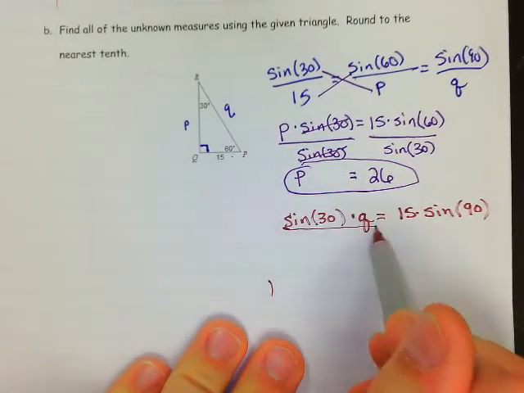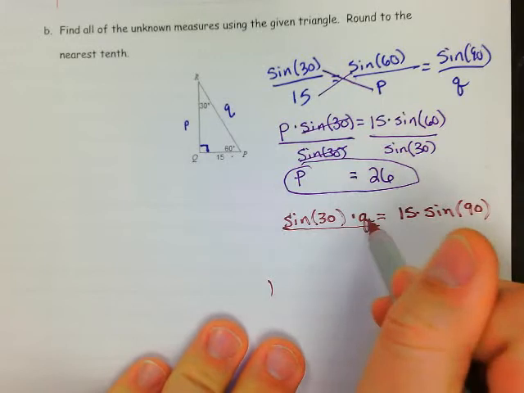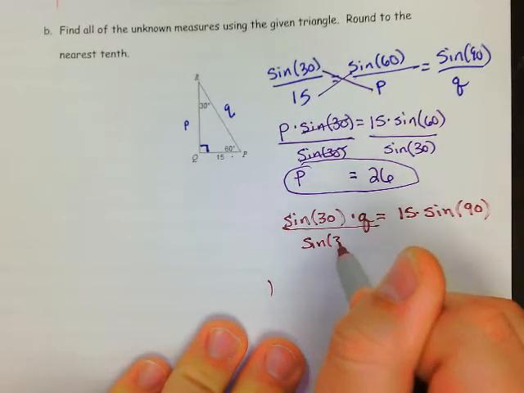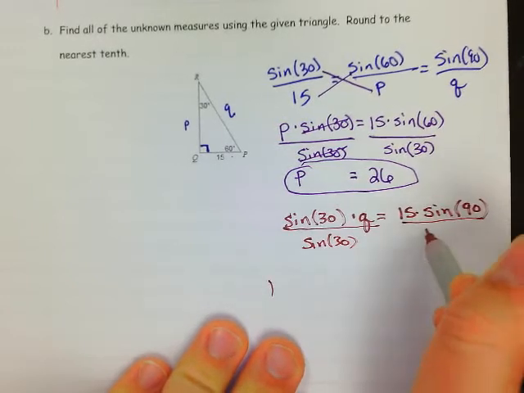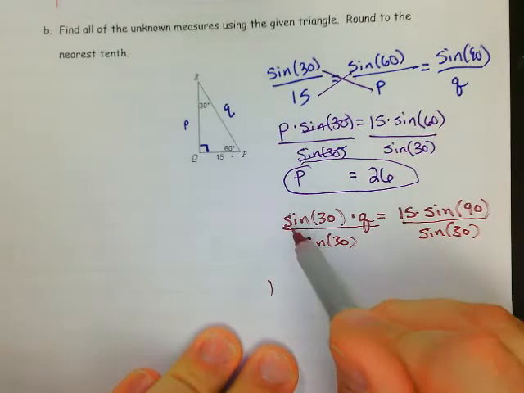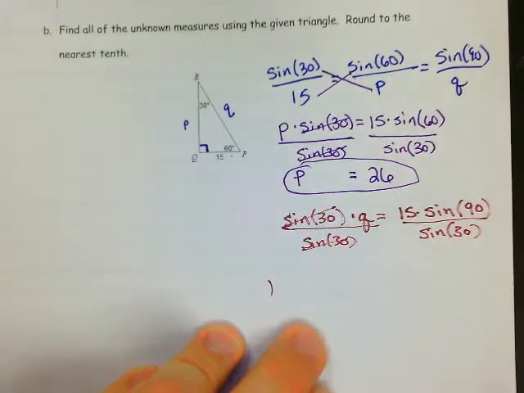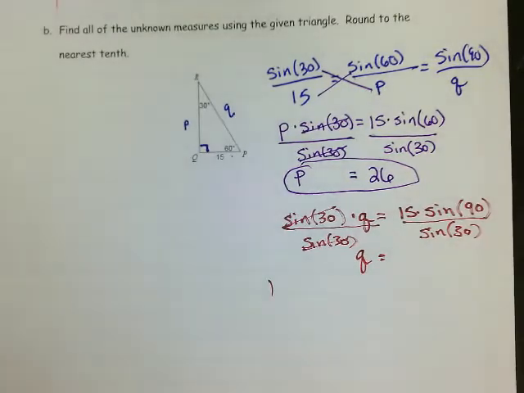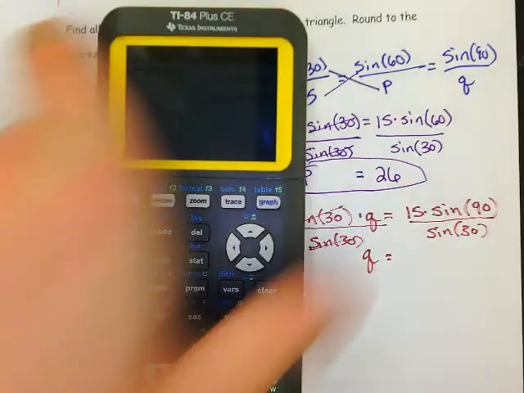Again, divide both sides by whatever number is left of the Q, the sine of 30. The sine of 30 over sine of 30 cancels, leaving me just Q equals, and now I'm going to do it in pieces.